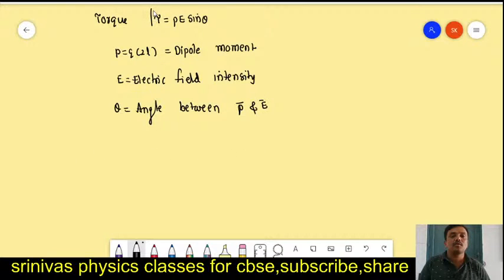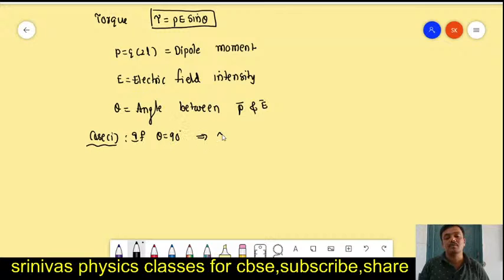Next, when will the torque become maximum and when will it become minimum? Case 1: if theta is 90 degrees, then the torque will become maximum.